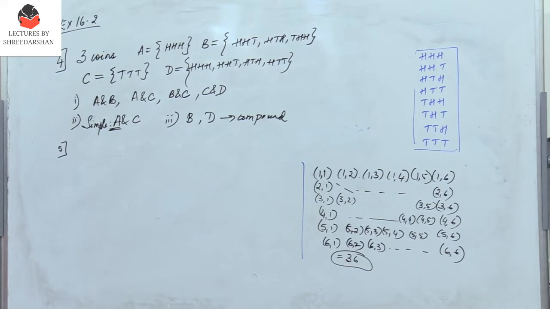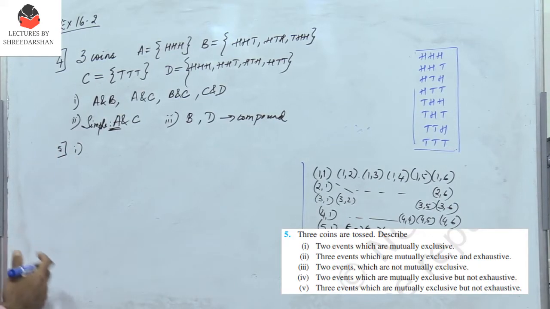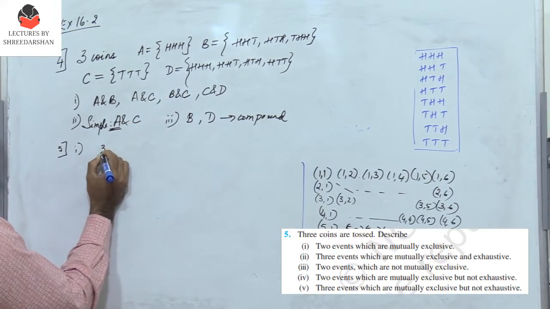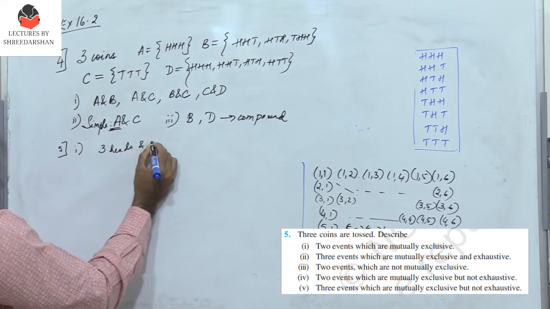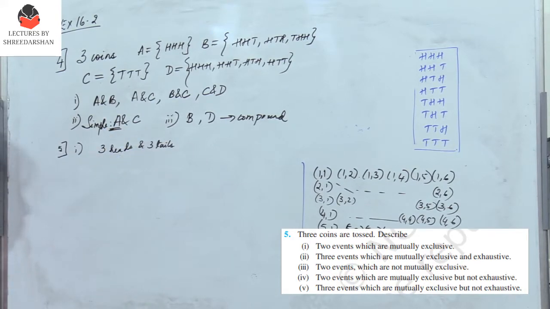Fifth one, 3 coins are tossed. Describe 2 events which are mutually exclusive. Now I need to define 2 events which are mutually exclusive. So definitely here itself we have an example. So 3 heads and 3 tails, they are mutually exclusive. You can have different answers.